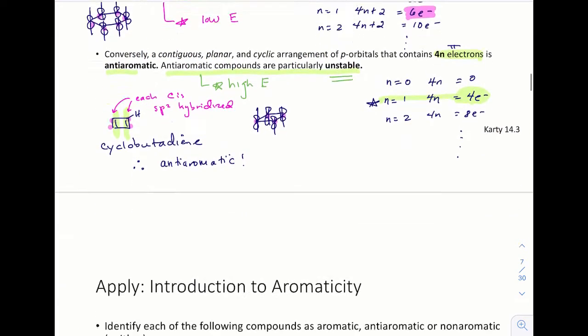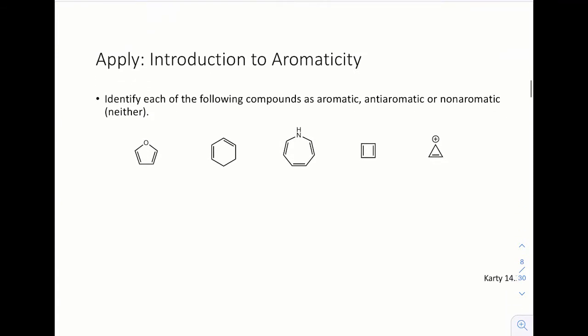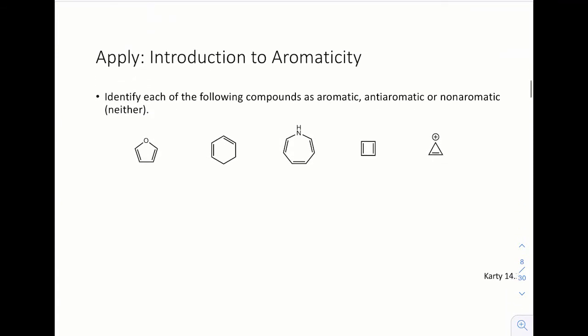Let's now practice identifying whether or not compounds are aromatic, anti-aromatic, or non-aromatic, which means neither aromatic nor anti-aromatic. Before this exercise, we should be sure that we understand the definitions of aromatic and anti-aromatic, as well as non-aromatic.